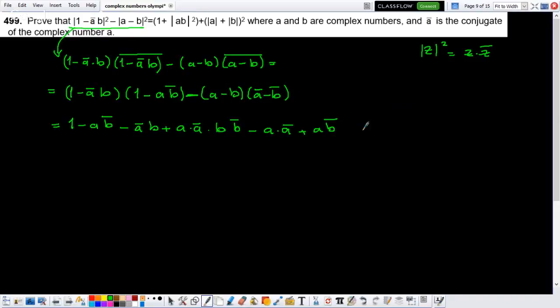Minus b a conjugate is equal to minus a conjugate b, and minus minus is going to be plus again. Then minus b conjugate, with the third minus, is going to be minus b conjugate.